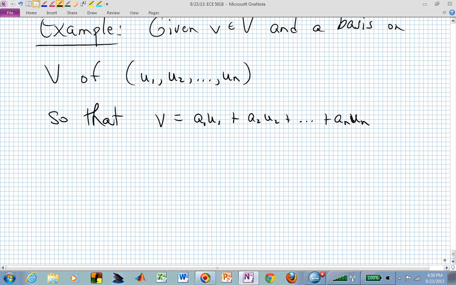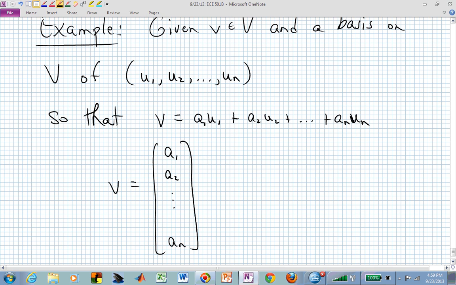But the way that we will write that as a column vector is we will simply order those coefficients, the A's, to be compatible with these expansion coefficients used to rewrite V. A1 is associated with the first basis vector.